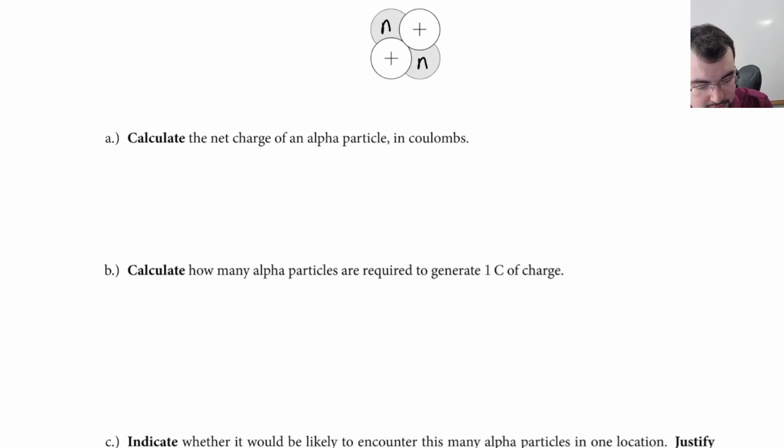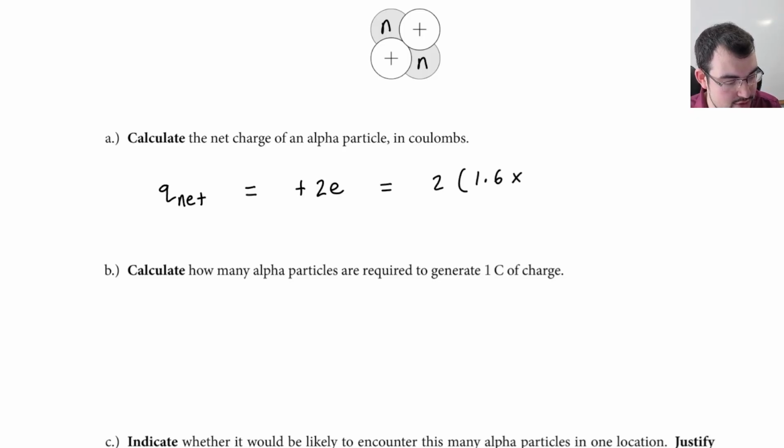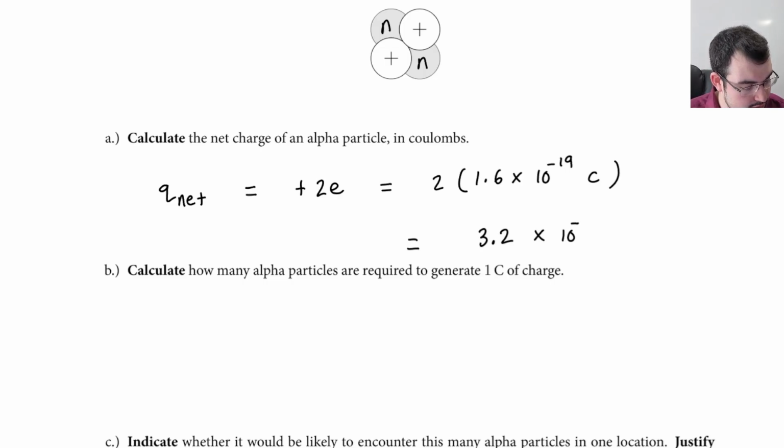So we can pretty easily say that our net charge is two positive charge units, and for the elementary charge, we actually do want it in coulombs, so we're going to use 1.6 times 10 to the minus 19th coulombs, and doubling 1.6 just gets us 3.2 times 10 to the minus 19th coulombs. So you can see that that is quite small.